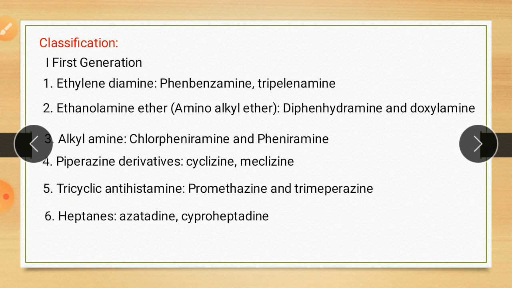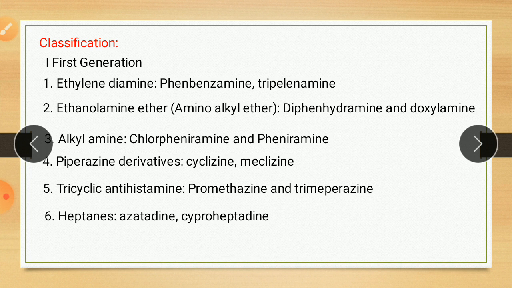Now the main chapter, that is classification of antihistamines. As our chapter name, antihistamine, means these are the drugs which block the histamine receptor. Generally the drug which blocks the H1 receptor is called an antihistamine, and the drug which blocks the H2 receptor is called an H2 blocker or H2 antagonist.